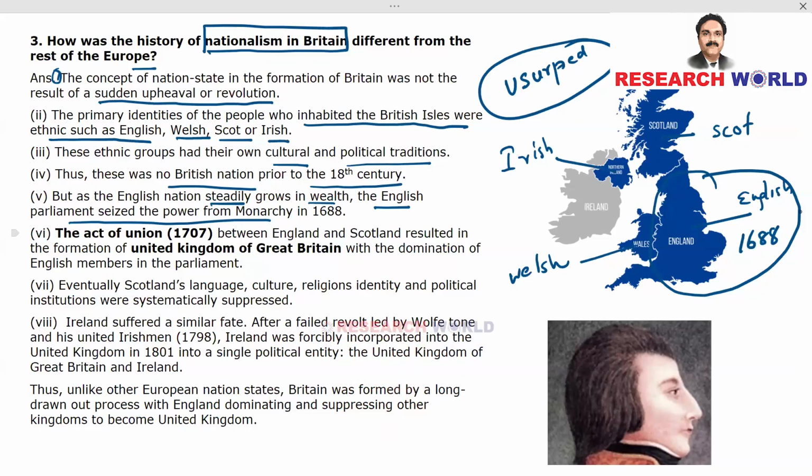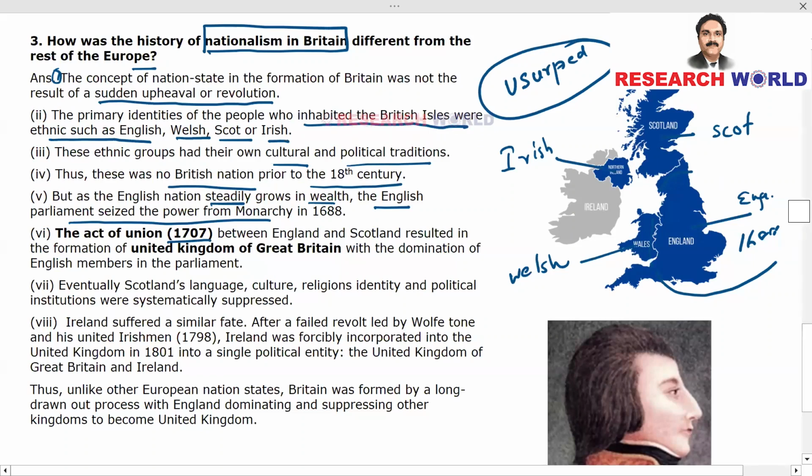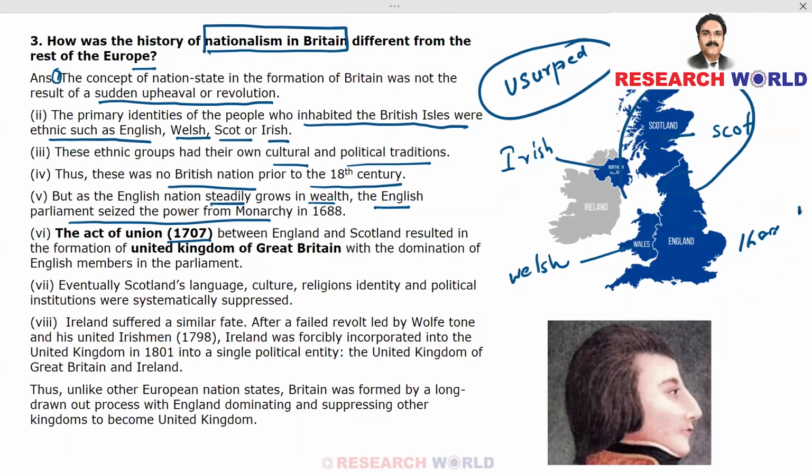Now, the Act of Union of 1707 between England and Scotland resulted in the formation of United Kingdom of Great Britain with the domination of English members in the parliament.